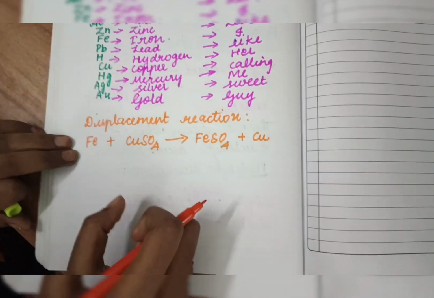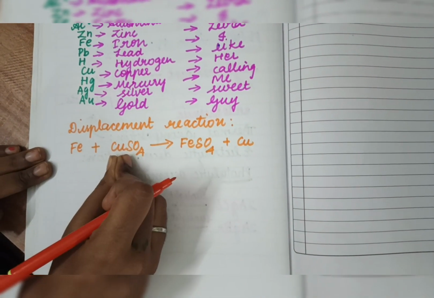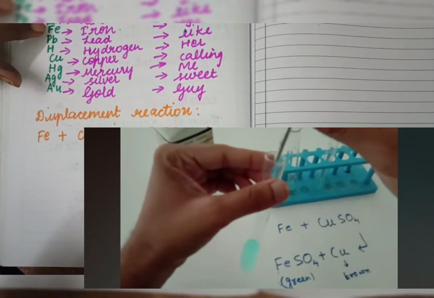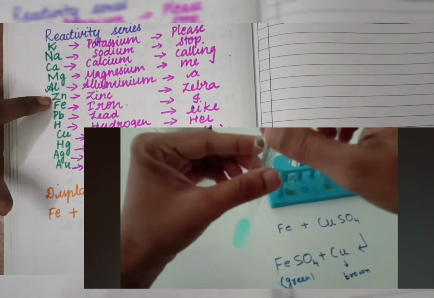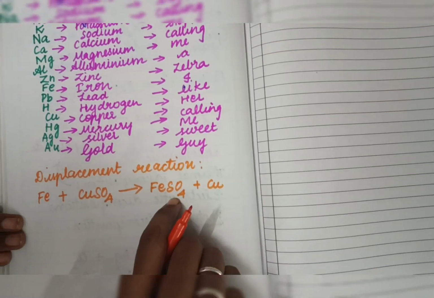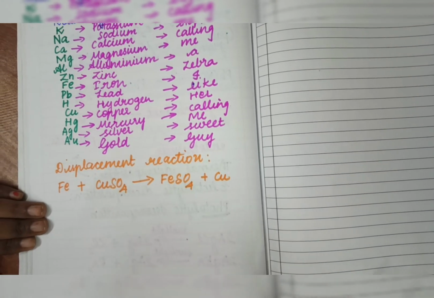So in displacement reaction, we can understand by this equation that iron took the place of copper on the product side. When you look into the reactivity series, we can see that iron is more reactive than copper. So what can iron do? It can displace copper. So iron displaced copper into ferrous sulfate and copper is removed.